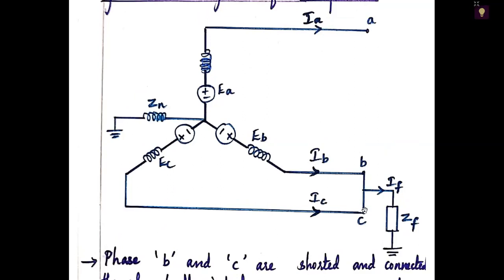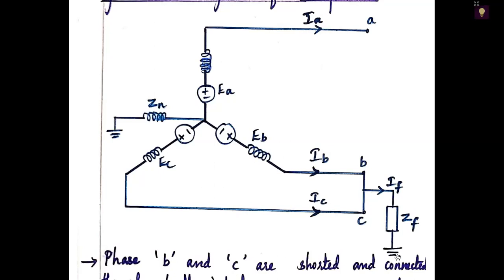Now B and C are connected together, so the voltage at points B and C will be the same. VB will be equal to VC. The voltage VB, VC is between this point and the ground.